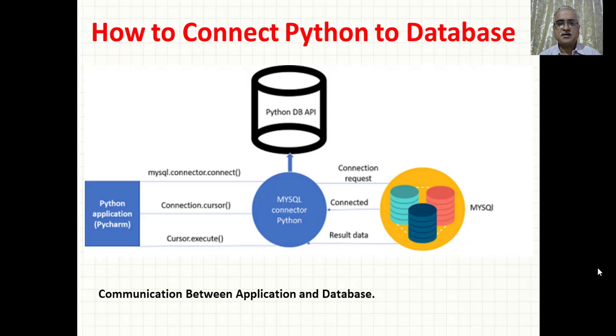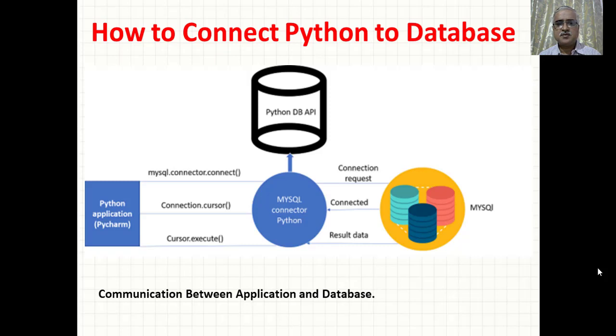On the left hand side, you can find a Python application. On the right hand side is the database server. And in between, we have the MySQL connector, which is a database API. It enables the Python script to access any database engine. That means it will convert Python scripts into the database native language.